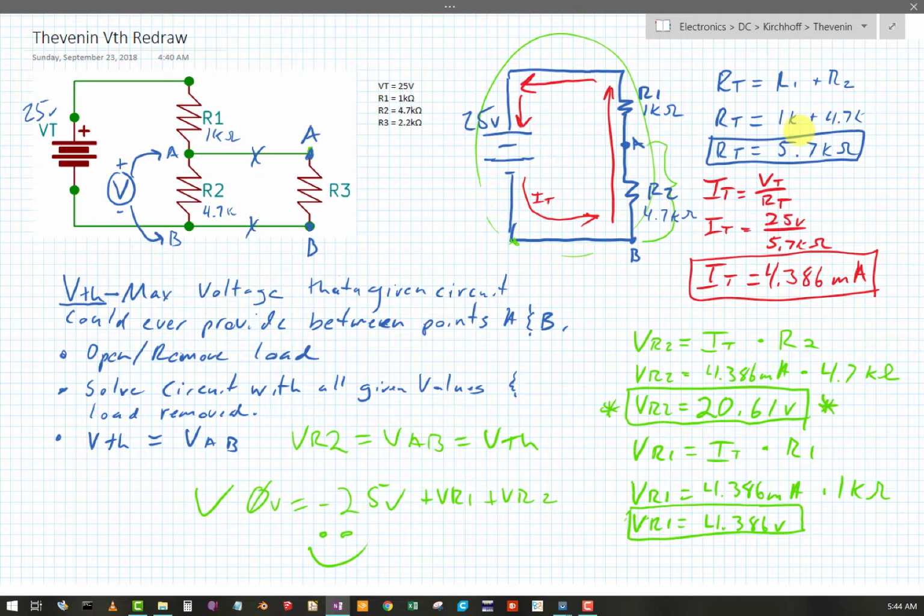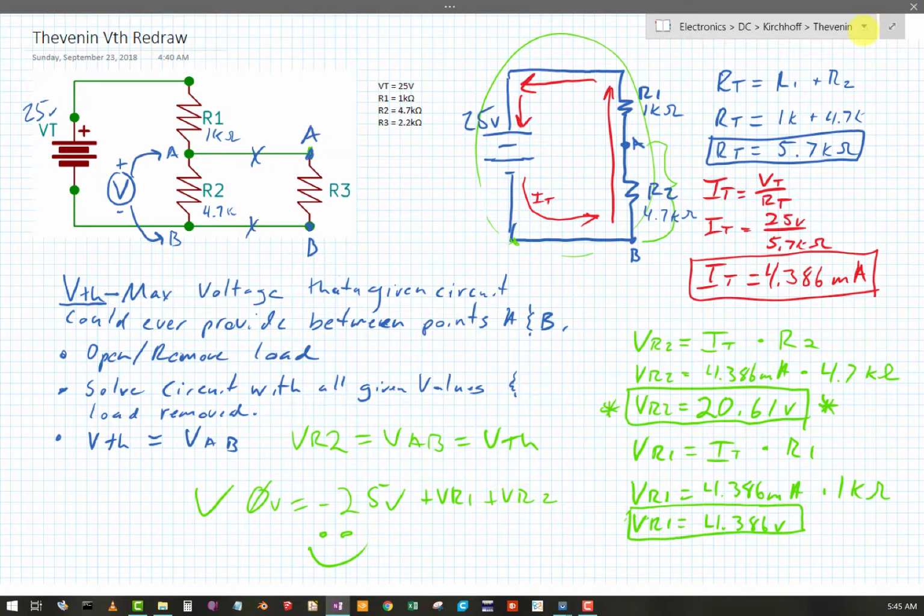Simulate it by putting your meter in there, a 10 mega ohm resistor, so you can actually see your voltmeter number. Then keep all your original values, solve that circuit without that load resistor in there, and the voltage between your A and B points is your Thevenin.